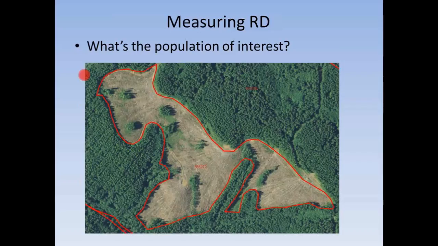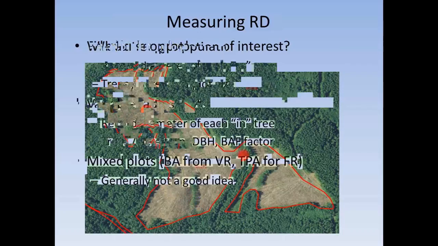You can't decide in the office, this is my population of interest, this 50-acre polygon, and then in the field decide, actually my population of interest are just these leaf tree patches that are only maybe 5 acres. So you have to decide ahead of time where your population of interest lies, and if you cut out roads and if you cut out other features, fine, as long as that's what your population of interest is.